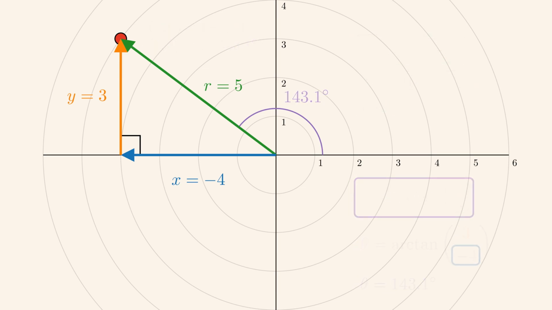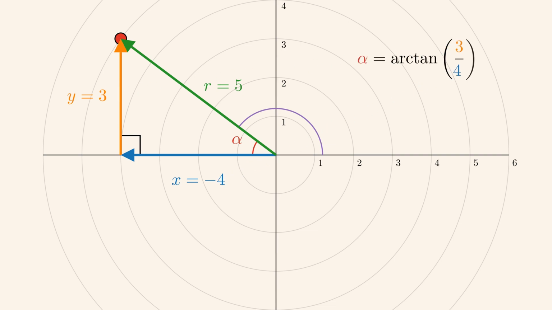Instead of relying on a dangerous formula, let's look at a more intuitive way to solve for theta. We'll start by defining the acute angle alpha within our triangle. We ignore the negative signs and use the inverse tangent with positive side lengths.